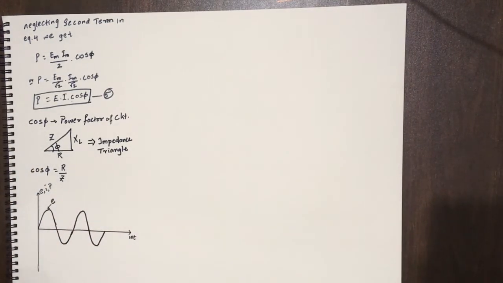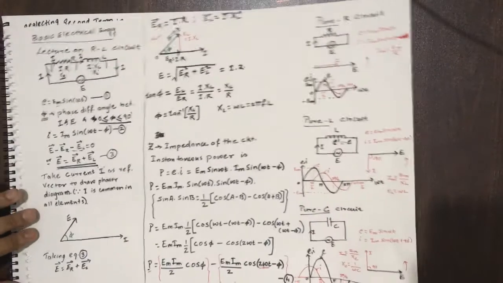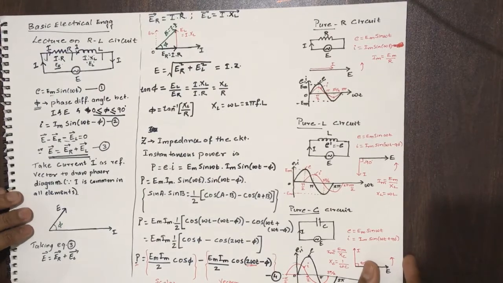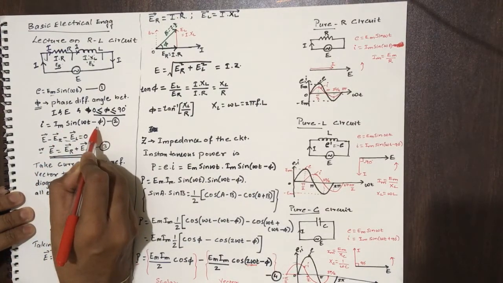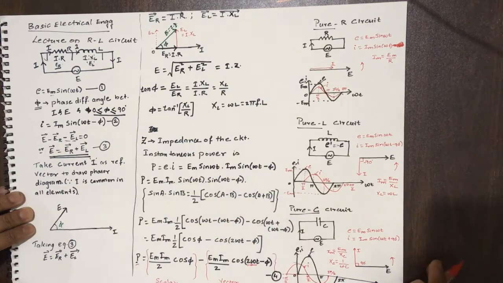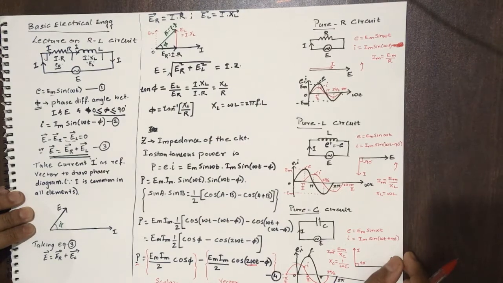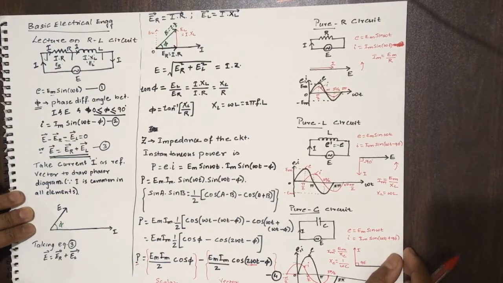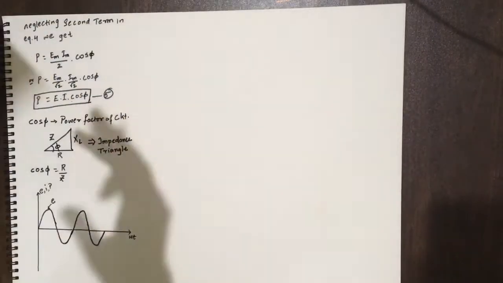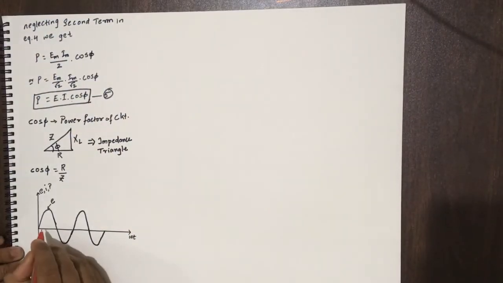Now let me draw the waveform for I. The equation for I is I equals Im sin (omega t minus phi). It means that there is a lagging angle of phi with respect to E for the current I. It means the current I is starting after a phase angle of phi with respect to omega t equals 0. Therefore, let us consider this as phi.